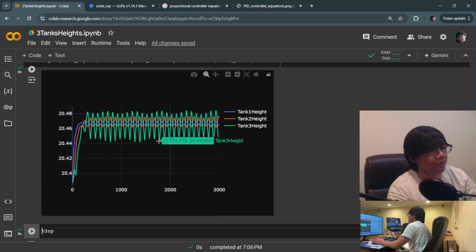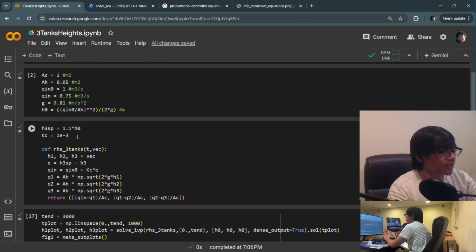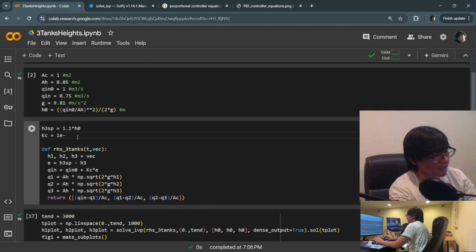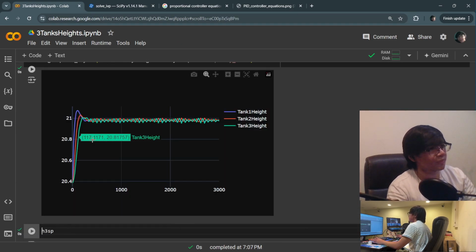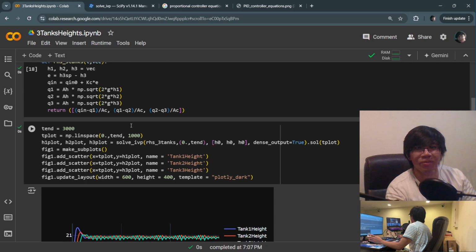And these oscillations are important. I will comment on that in a second, but let's see how far our sensitivity and our controller will take us. Yeah, it keeps on oscillating. That is crazy. I think you see the point. We're just going to have so many oscillations.